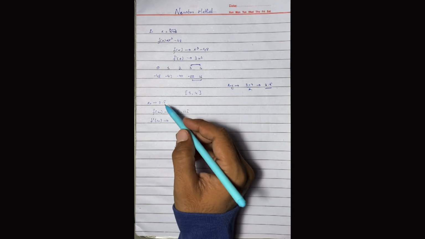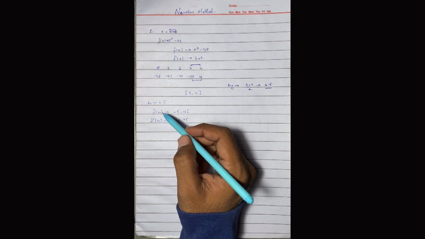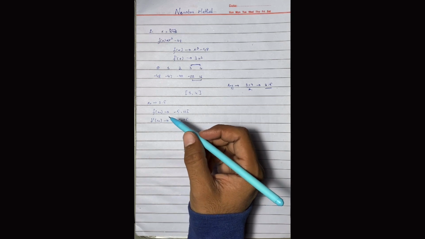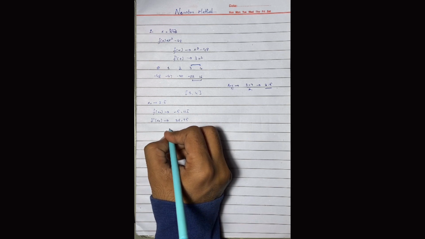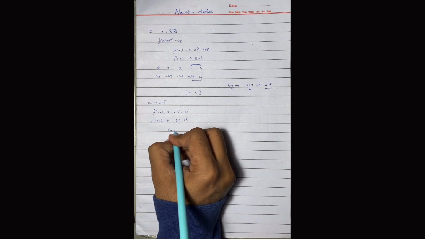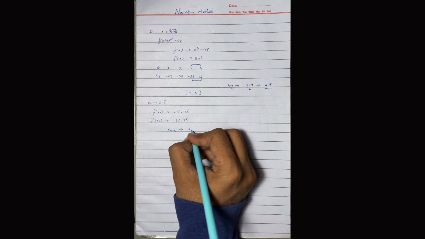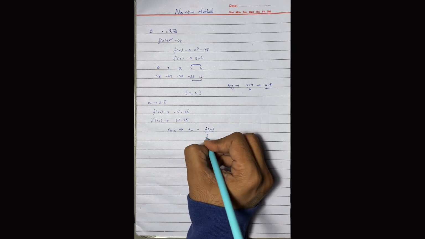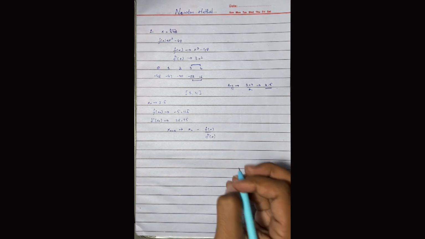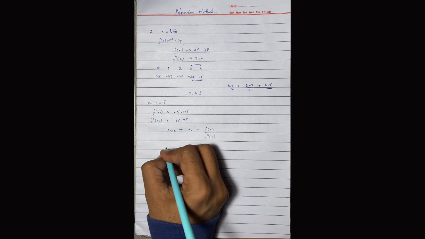As we have got all the 3 values which we need in the formula, now just put these values into the formula. The formula is xn plus 1 equals xn minus f of x upon f derivative of x.